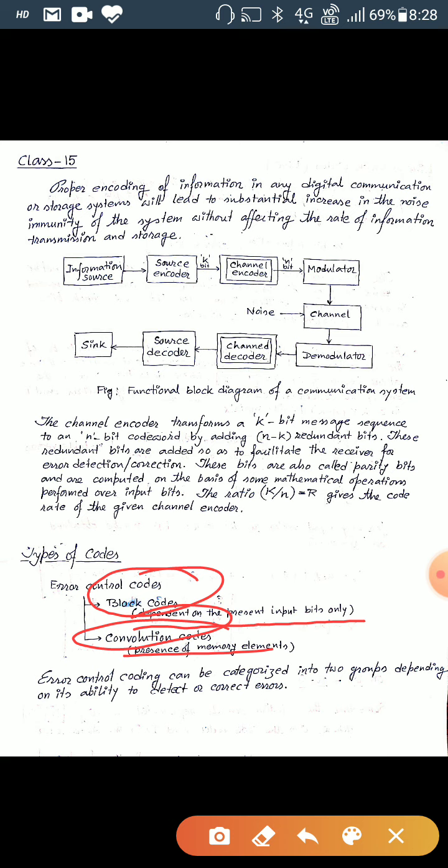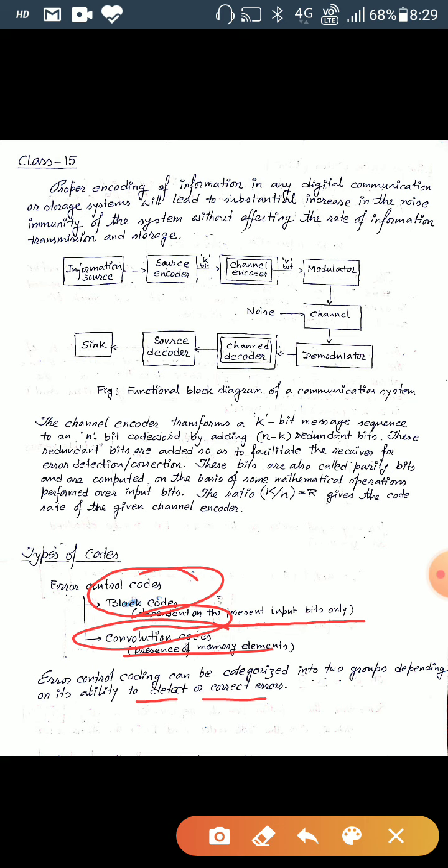Another way codes can be classified is that they may only detect the error, or they may detect and also correct the error. That means if a code can only detect whether any error has occurred or not, it can raise its hand: yes, an error is present, or no, no error is present.